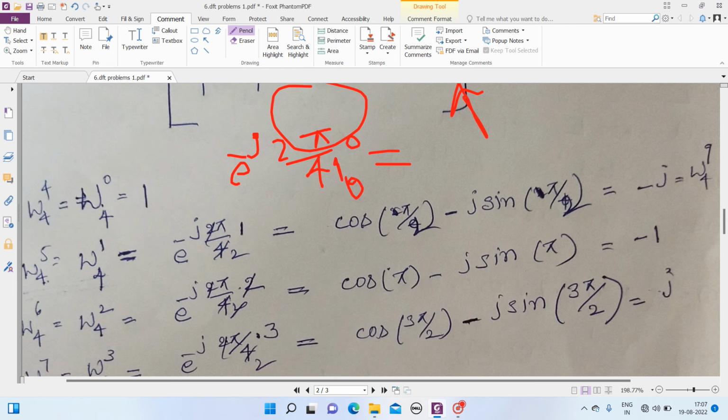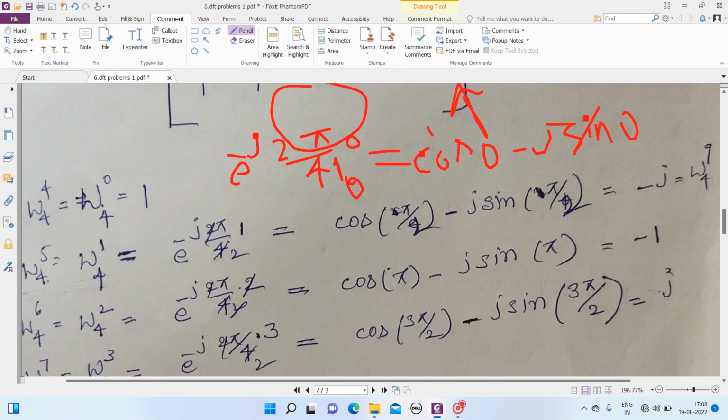So cos theta minus j sin theta, right? Here 0 is multiplied with this value, so we will get cos 0 minus j sin 0, right? Cos 0 value is 1. Sin 0 value is 0. So that's why I have written here W4 to the power of 0 is 1.